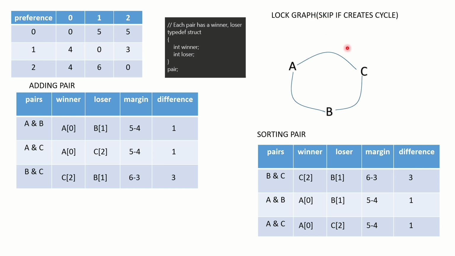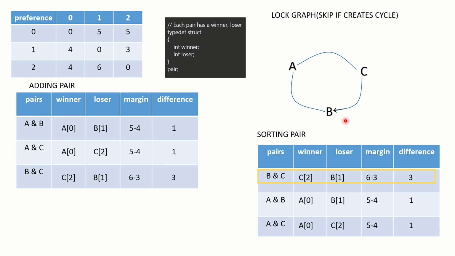We don't have to lock it. So how should we lock the graph? Let's see the first one, that is 3 difference between C and B. C is the winner, so we mark an arrow from C to B. That means we have locked C over B.